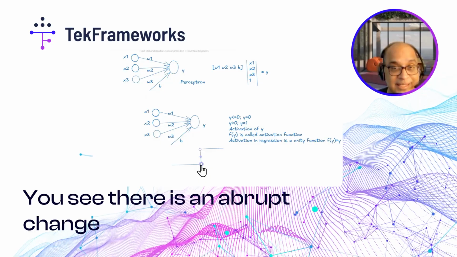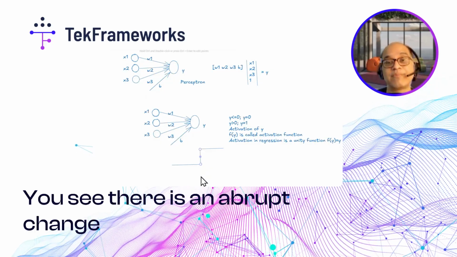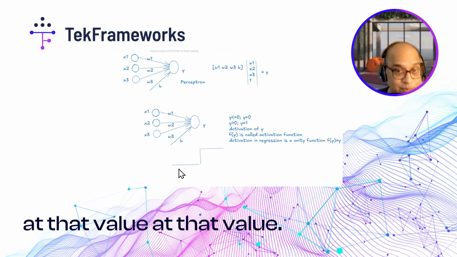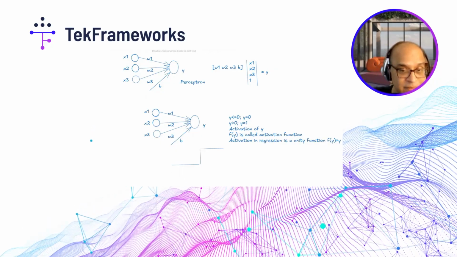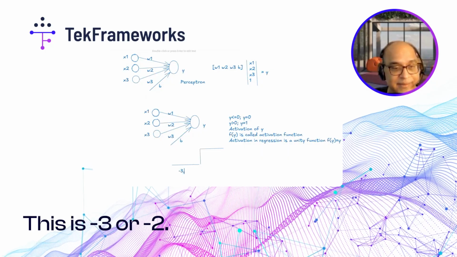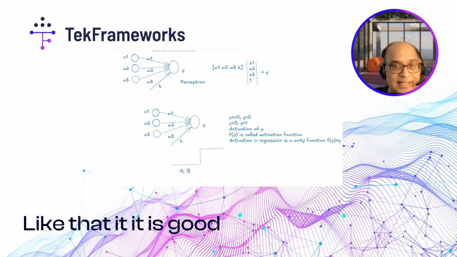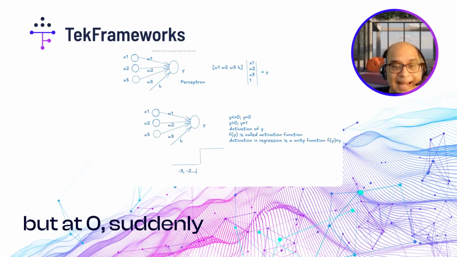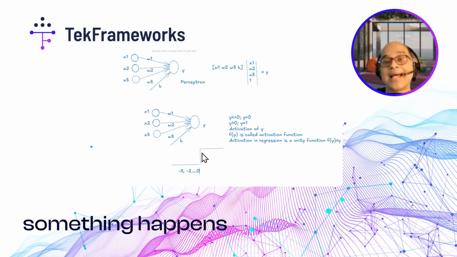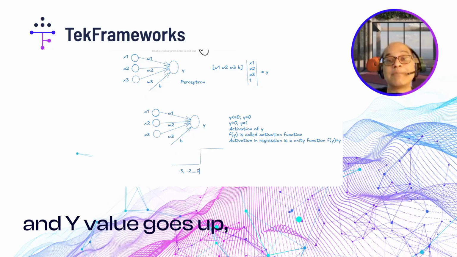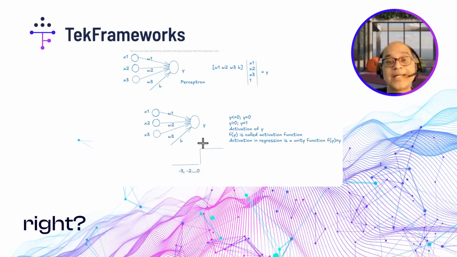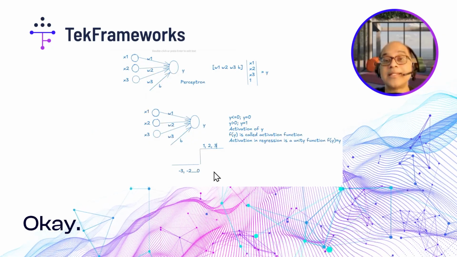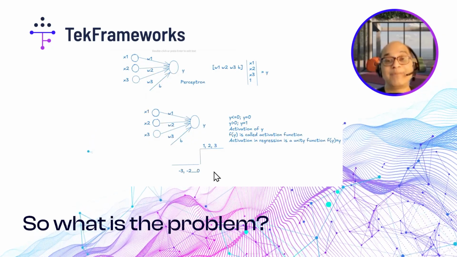You see, there is an abrupt change between 0 and 1. At -3, -2, it's fine, but at 0, suddenly something happens and the y value goes up. 1, 2, 3. So that's the problem.